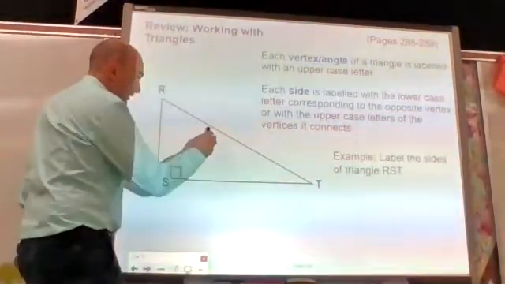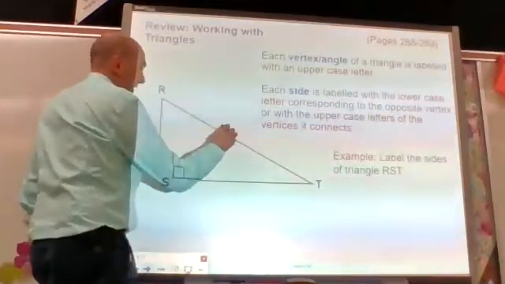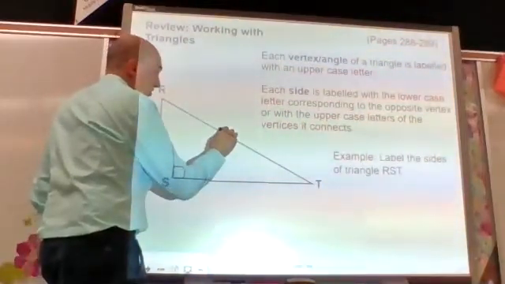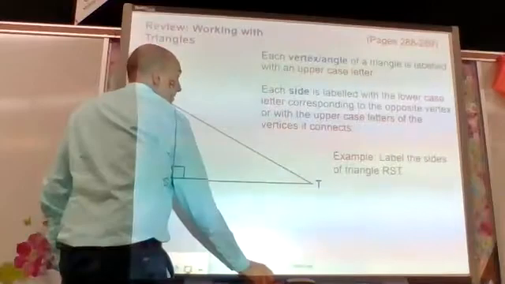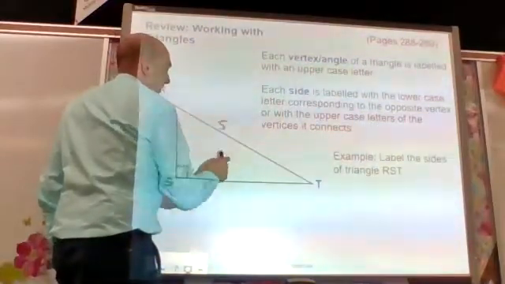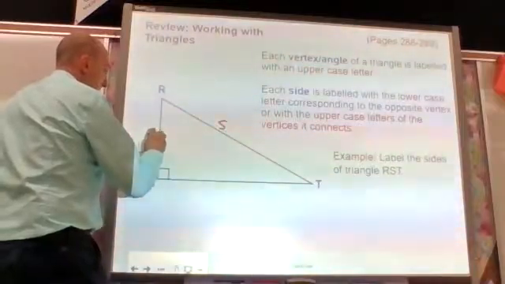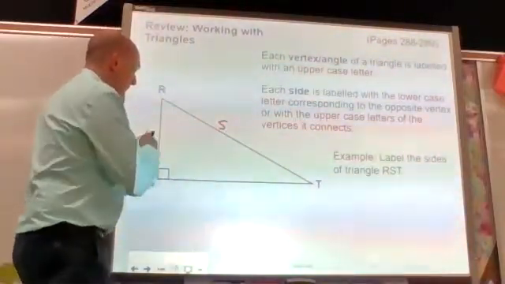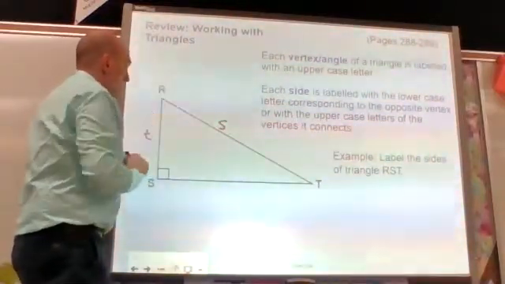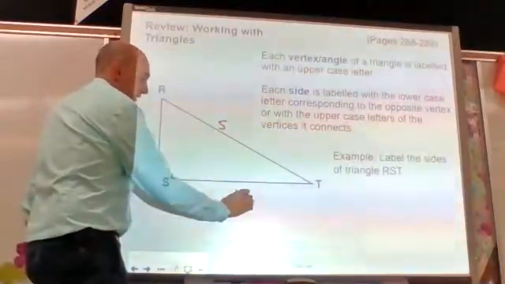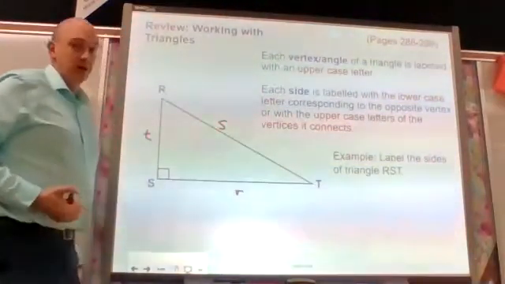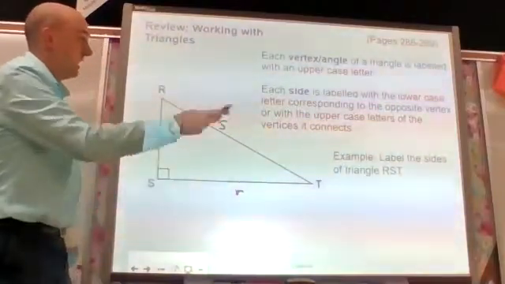So S, uppercase S, the angle, would be matched by a lowercase s side. Uppercase T would have a side opposite it of lowercase t, and uppercase R would have a side opposite it of lowercase r. So this is how we label.